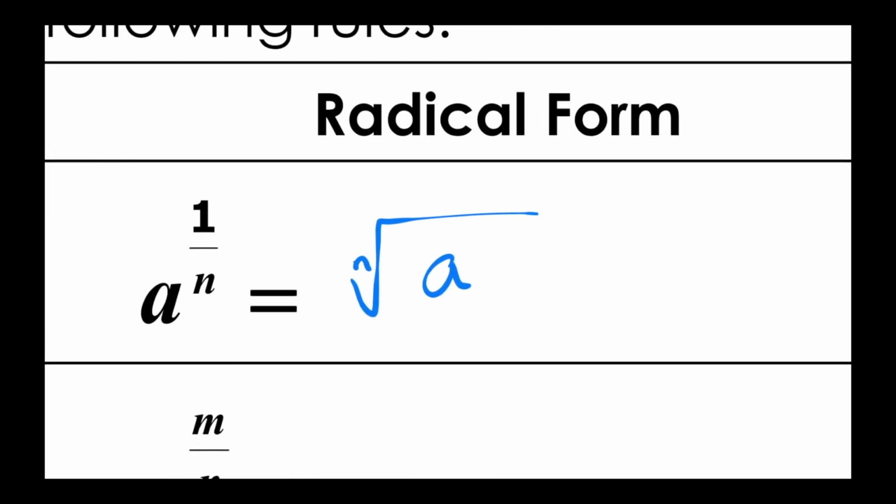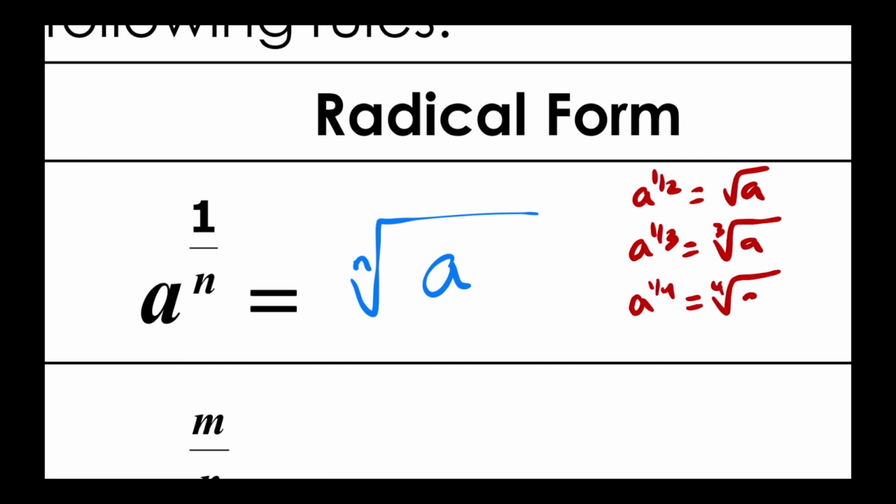So some examples: a to the 1/2 is the square root of a. A to the 1/3 is the cube root of a. A to the 1/4 is the 4th root of a, and so on, and so on, and so on.